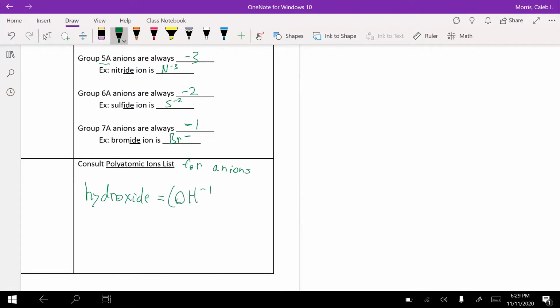Every year, this is one of them that students get wrong the most often. They think that hydroxide is just H with a -1, but that would be hydride. Remember, there is no X in hydrogen. So hydroxide is a polyatomic ion. It's OH with a -1 charge. And the other one is cyanide. You're not going to find it on the periodic table, so I recommend that you memorize cyanide. That's CN with a -1 charge.